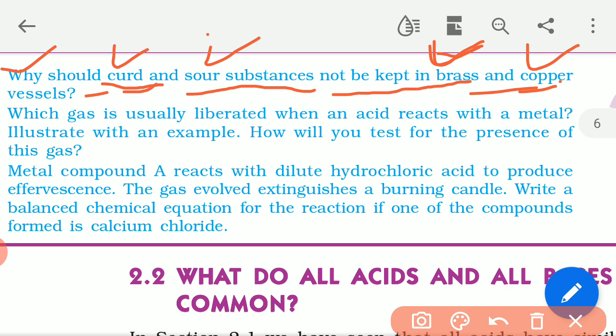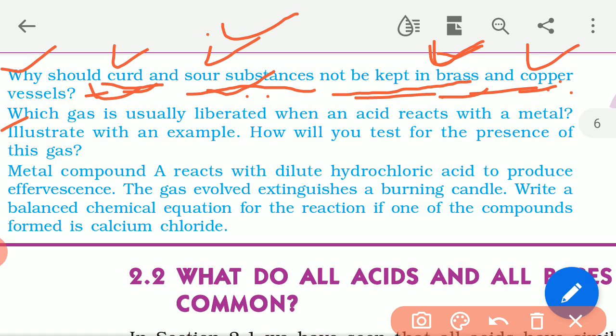Curd and sour substances are sour in taste, which means they are acidic in nature. When acid combines with brass and copper, poisonous or damaging substances are produced, which is harmful for health, with other effects on health or microorganisms. Therefore it cannot be kept in brass and copper vessels.